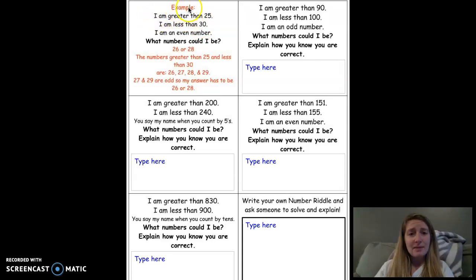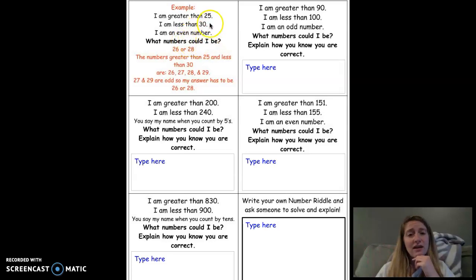So the example says I'm greater than 25, so the number's bigger than 25. I am less than 30, so it's going to be between 25 and 30. And it has to be even. So I know even numbers are numbers that end in 0, 2, 4, 6, 8.